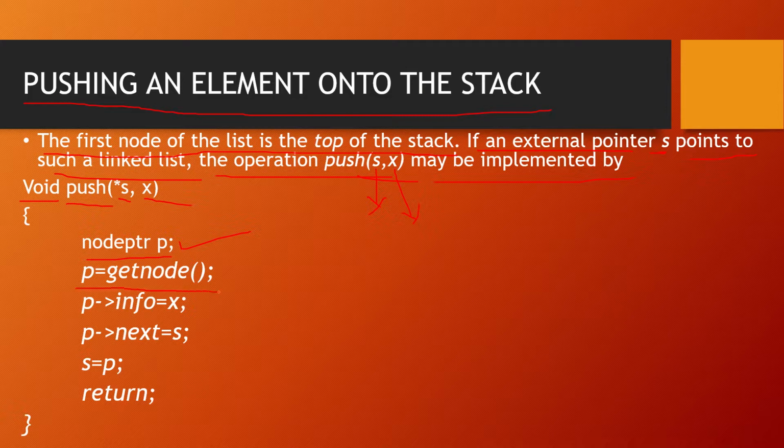Then we call the getNode function that provides the address of a node from the available list to P. Then we copy the value of X into the info part of the node P. After that, we change the address in the next part of P to S, that is, the address to which S is pointing is copied into next, and the address of P is now copied to S.